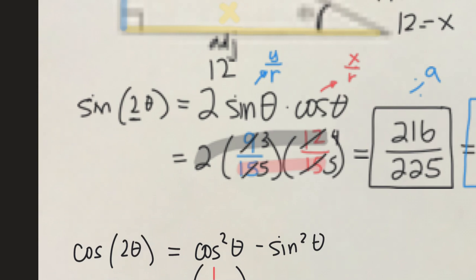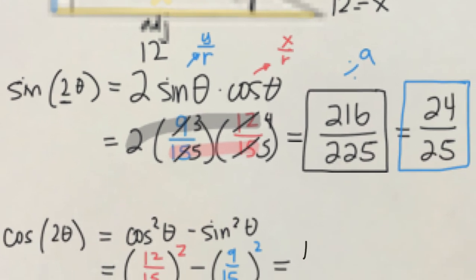It's the cosine that we're squaring. So first we write down the ratio, and then we square that number. So 12/15 is the cosine. 9/15 is the sine. So 12/15 squared minus 9/15 squared.